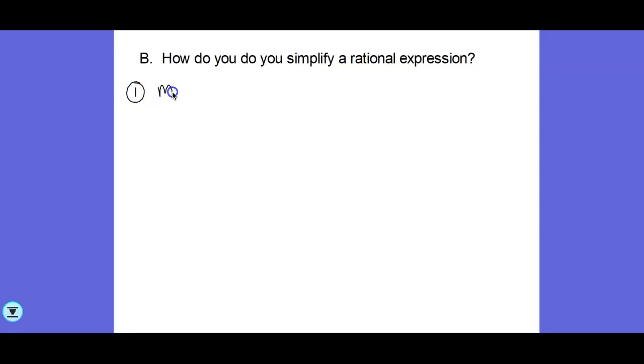We have monomials, which is what we've talked about already. And when it comes to monomials, what you do is you reduce the coefficients and you subtract exponents of variables.